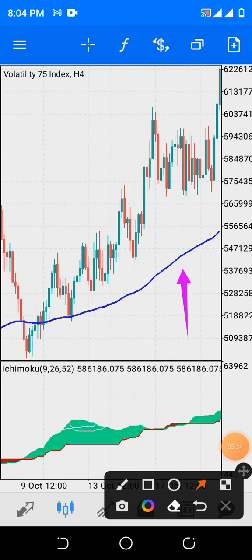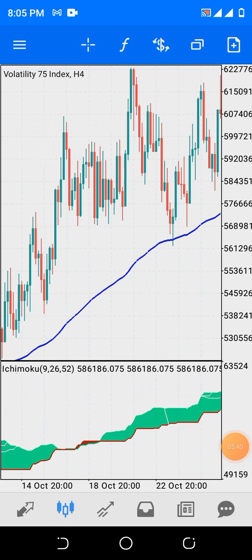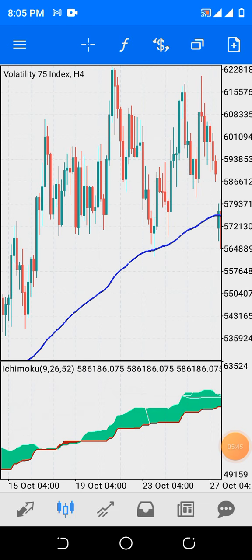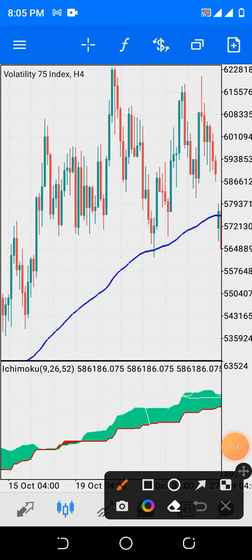We enter where the Ichimoku turns from red to green, because we are now dealing with a buy signal. From this particular area, you see that Ichimoku turns from red to green.